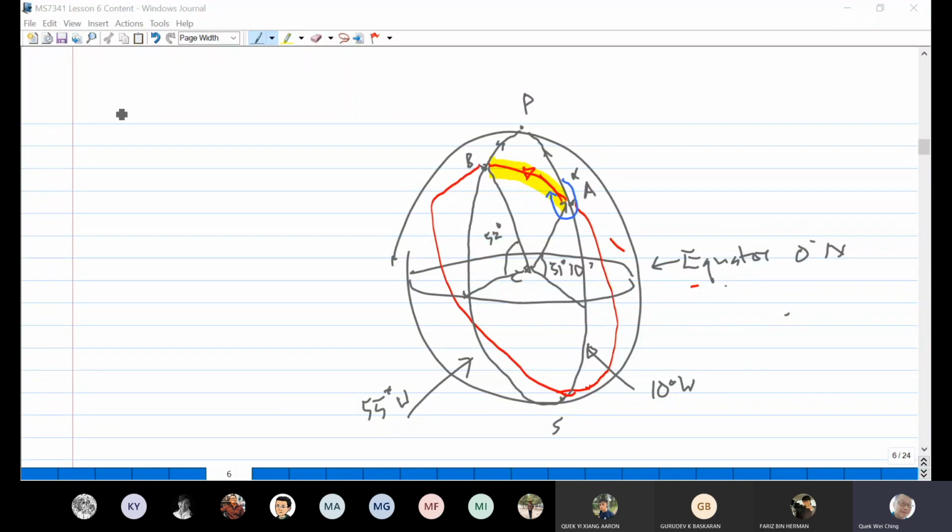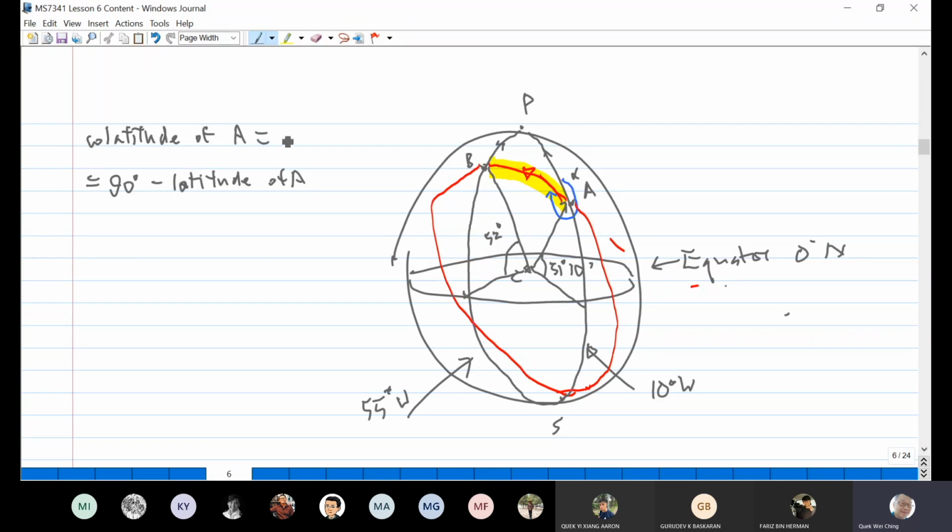So I write co-latitude of A. What does the co-latitude of A mean? Basically, it is 90 degrees minus the latitude of A, right? Which is actually PA. From P to A. The distance from P to A.